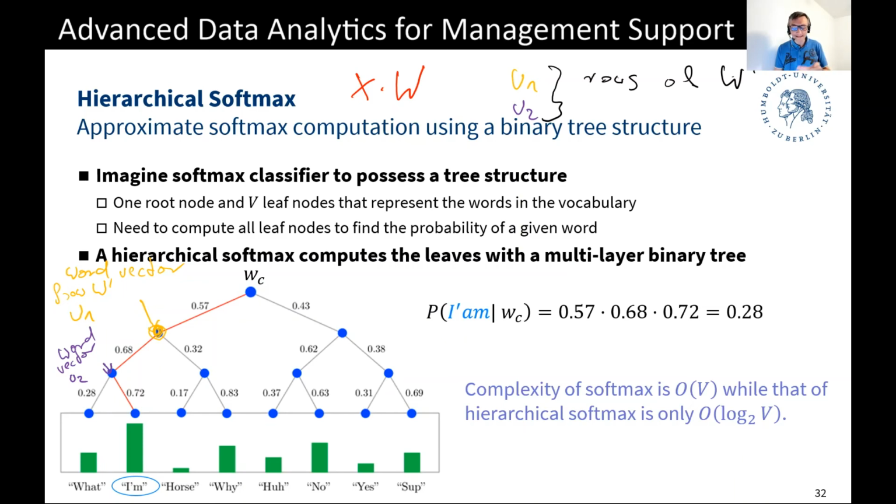So what's the incentive of hierarchical softmax to come up with good word vectors? How does that work? Well, one way to look at that, I guess, is to say that if we have two words that share a similar context, like the words hotel and motel, that was an example we used previously. Hotel and motel, they are somewhat similar.